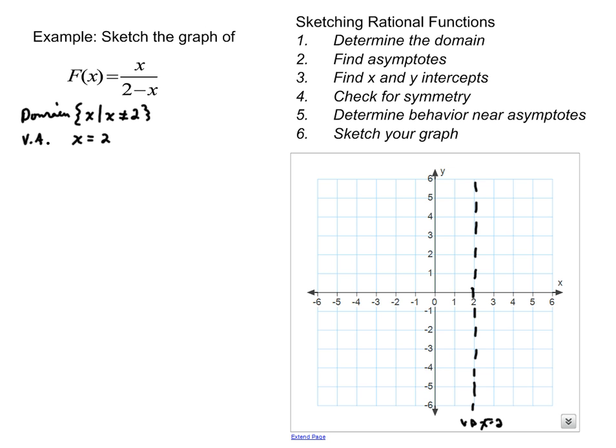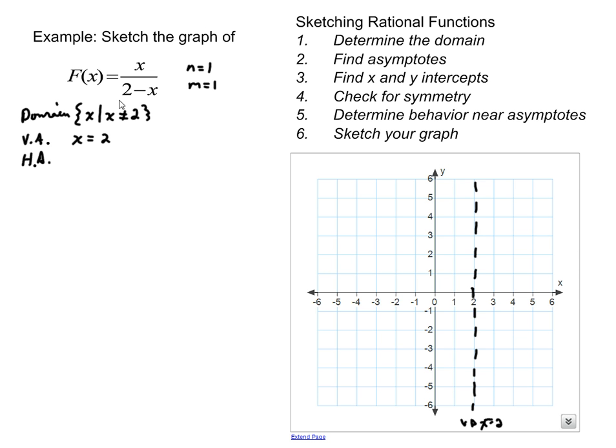Now let's take a look at our horizontal asymptote. This time it will be a little different because we look at the degree of the numerator and compare it to the degree of the denominator. The numerator is a first degree polynomial, x to the first, and the denominator is also a first degree polynomial. Since the degrees are equal, we set our horizontal asymptote at the y value of the ratio of the leading coefficients.